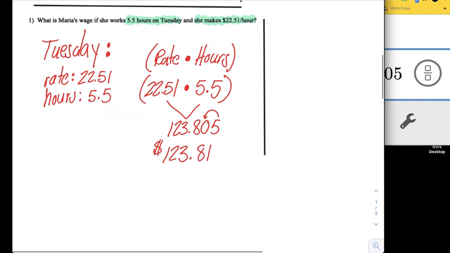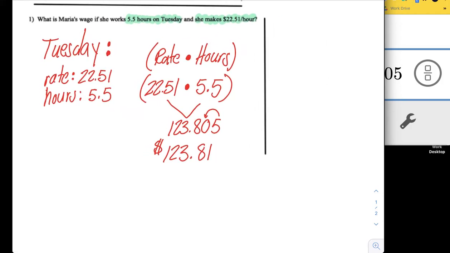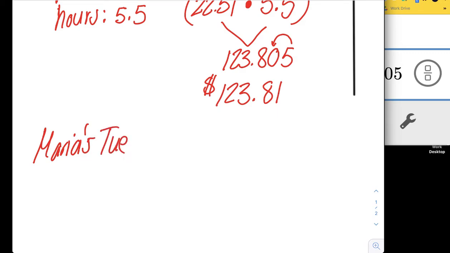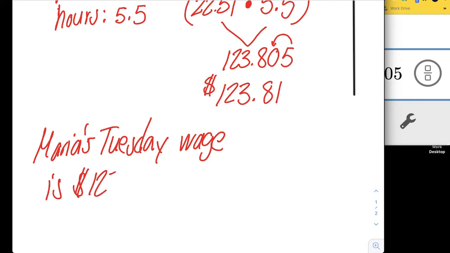And so the question is, what is Maria's wage if she worked 5.5 hours on Tuesday and she makes $22.51 an hour? So Maria's Tuesday wage is $123.81.